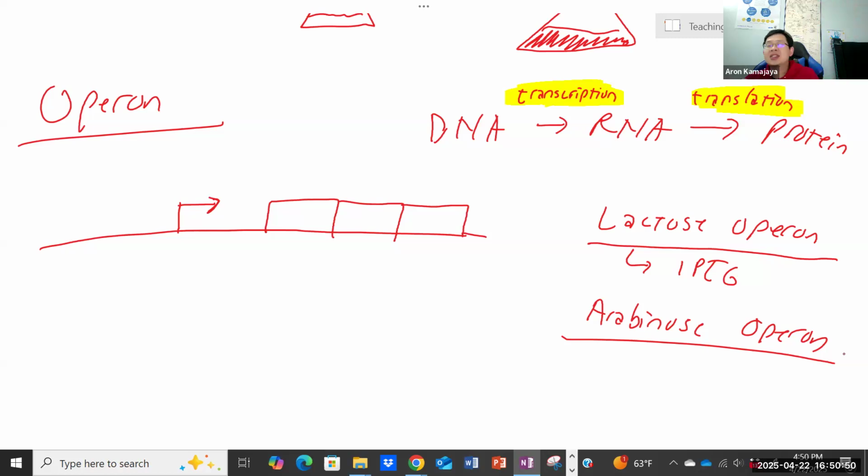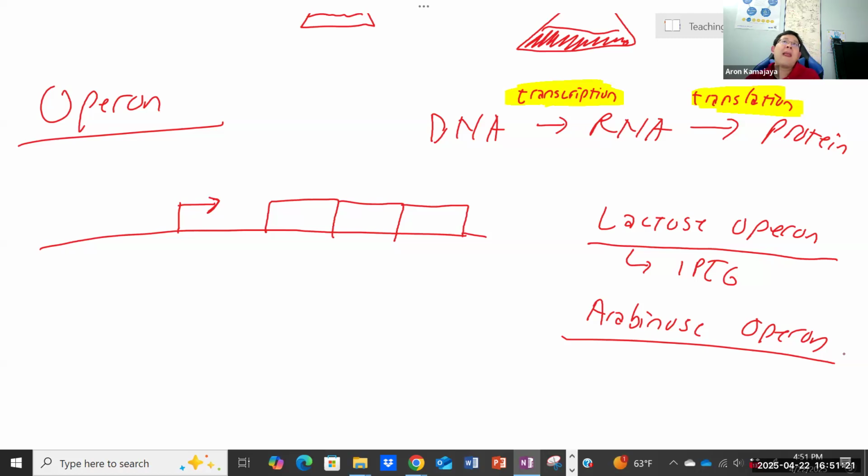So it's in the best interest of the bacterial cell to organize all the genes that work on the same metabolic pathway under one regulatory element control. All three genes that work on bringing lactose in and digesting it are under the control of the lactose operon, right?